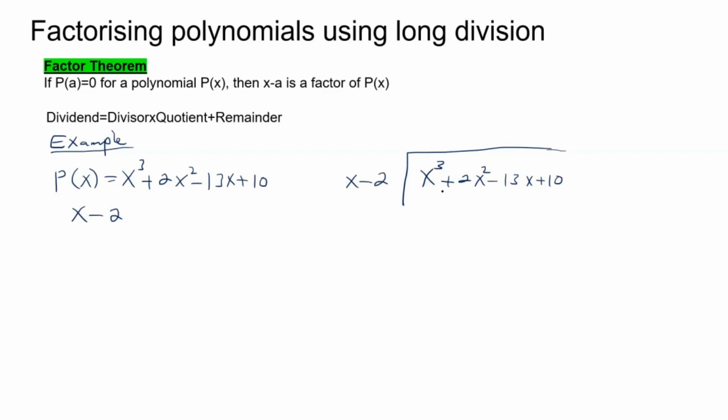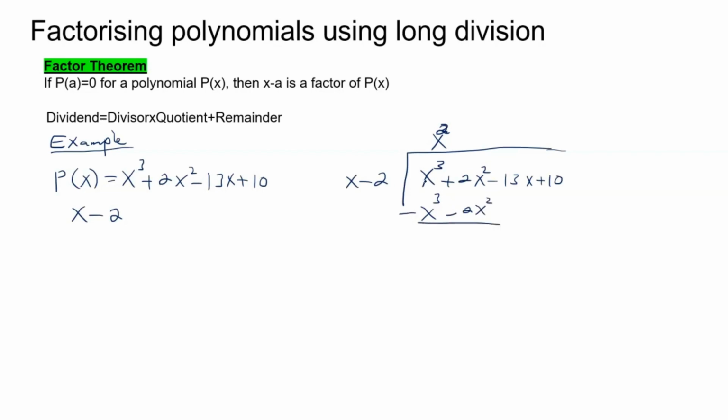To get rid of the highest degree, x to the power of 3, we multiply the divisor by x squared to give us x cubed. So x squared times x is x cubed, and x squared times negative 2 is negative 2x squared.